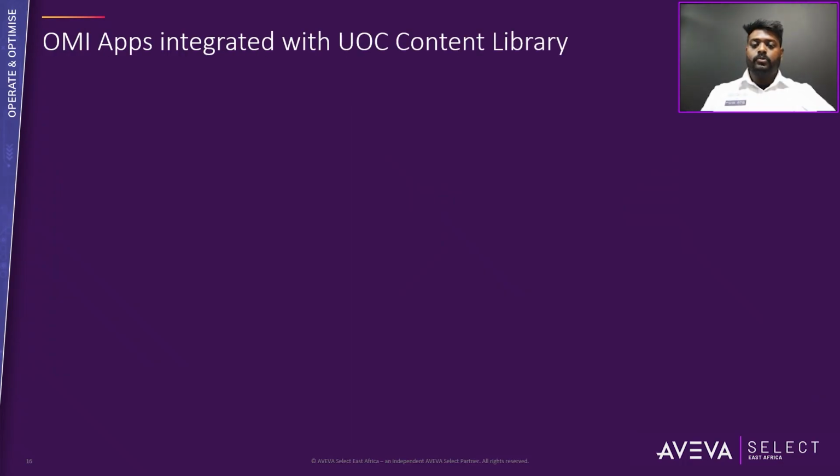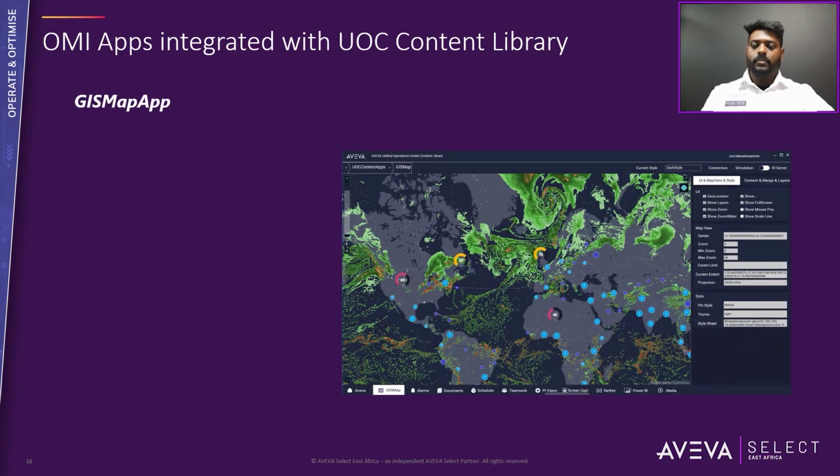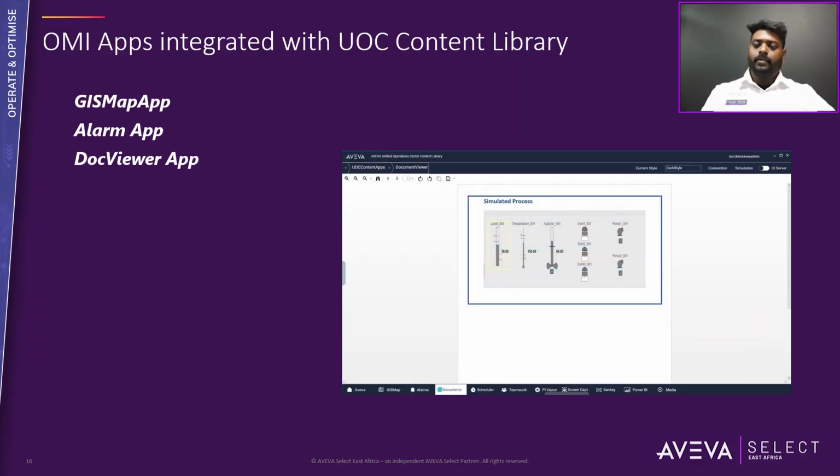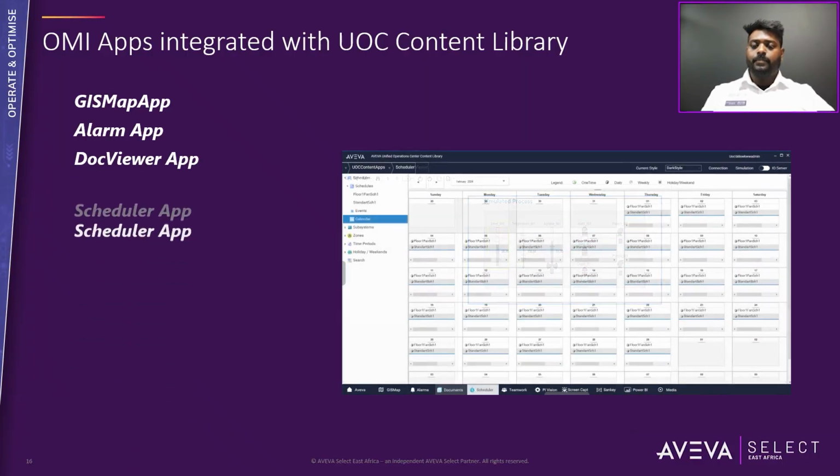Users can extend the UOC Content Library by integrating it with different additional software applications to collect, validate, and publish information for monitoring and analysis. Let's look at some of the AVEVA products that are integrated with the UOC Content Library. We have the GIS Map app. We have the Alarm app. We have the Doc Viewer app.